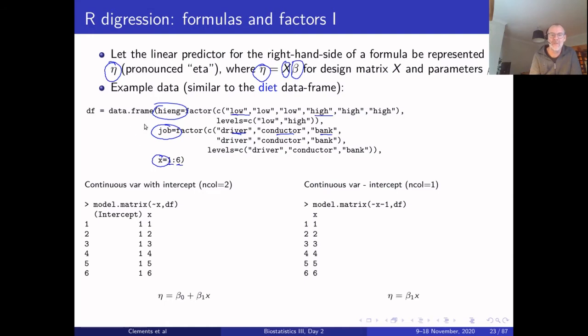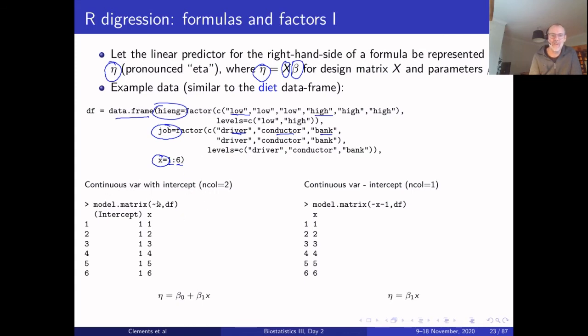So we have these three variables. The first row of this data frame is low, driver, 1. The second is low, conductor, 2; low, bank, 3; high, driver, 4; high, conductor, 5; high, bank, 6.